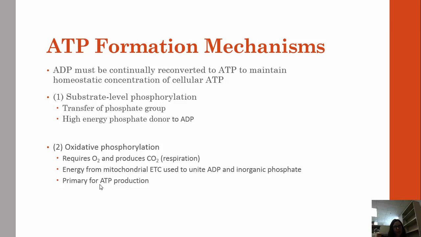So this is respiration. Another way you might hear this described is the respiration chain. So energy from the electron transport chain, or again, you may hear it as the respiration chain, is used to unite ADP with an inorganic phosphate to make ATP, so that we have this high energy stored in this molecule. And we're going to get into a lot more detail moving forward.